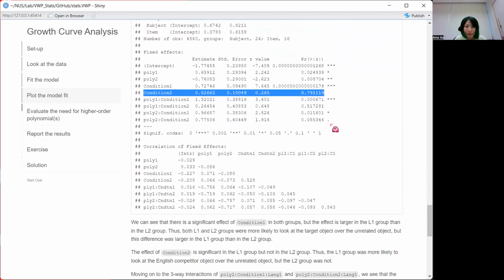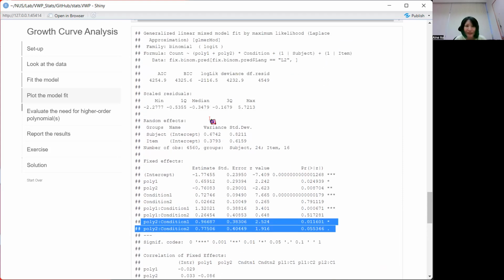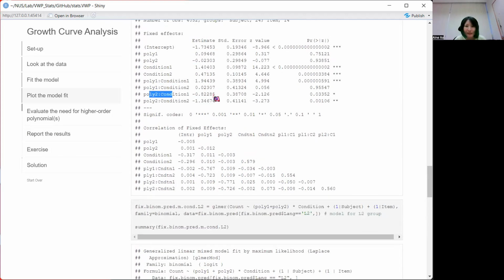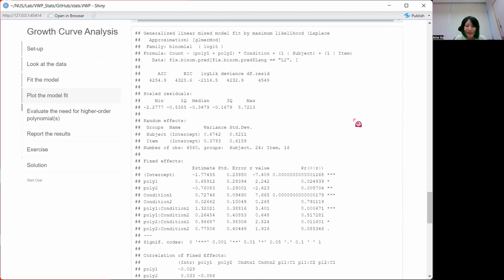And then we look at poly 2 here, we also see somewhat different effects than the A1 speakers' data, like the marginally significant interaction of quadratic term by English competitor effect and a significant interaction of quadratic by target effect. So that's slightly different. A1 speakers' data is much more robust compared to the A2 speakers' data, especially for poly 2 by condition 2, so quadratic by English competitor effect. So that explains the interaction.